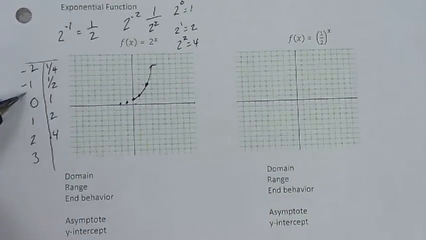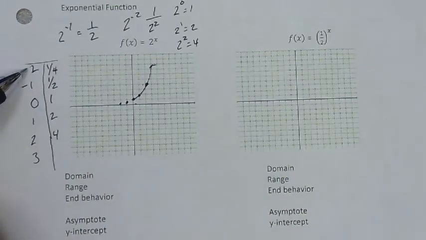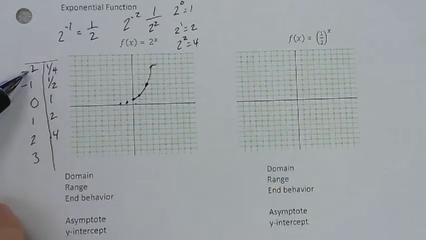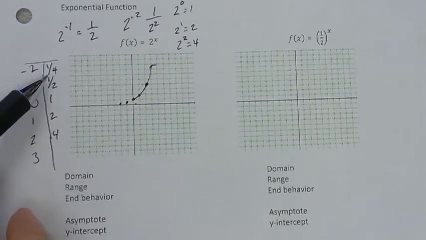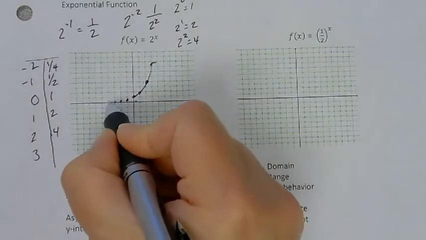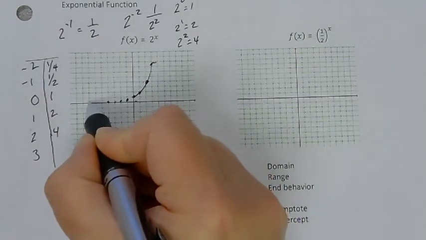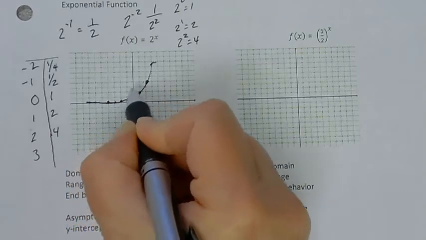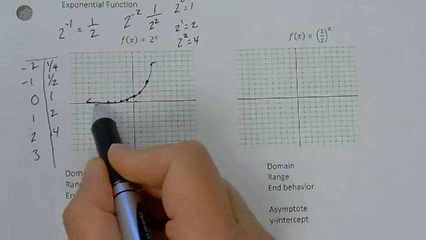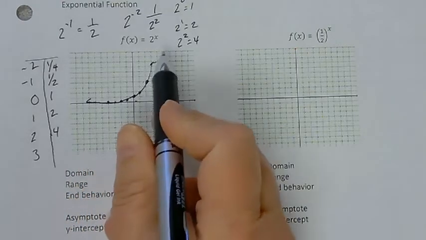So I can keep putting negative values in for x, but a negative exponent does not make a negative output value. A negative exponent simply makes a fraction. So this output is going to keep getting a fraction smaller each time. So it's going to look something like this. It's going to get closer and closer to this line 0, but never touch.